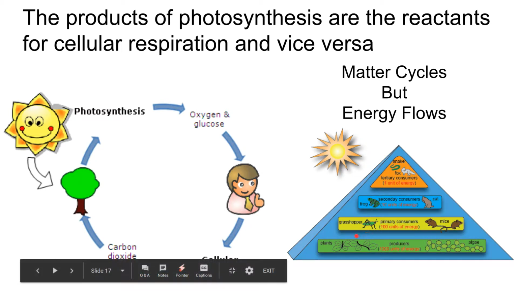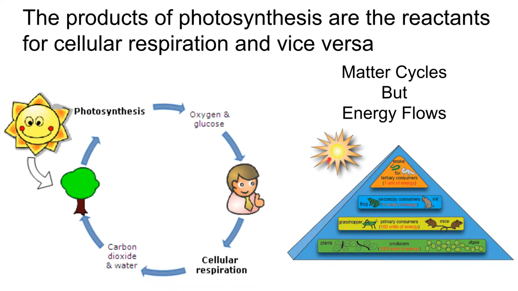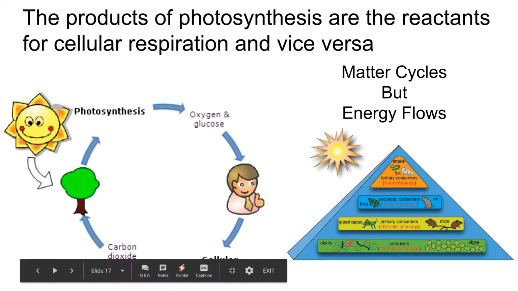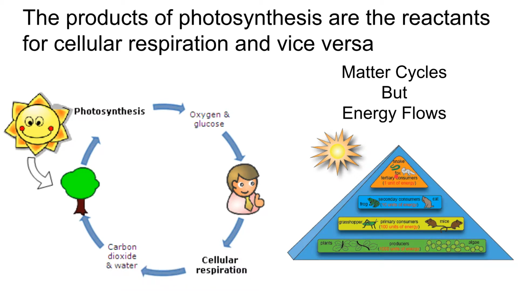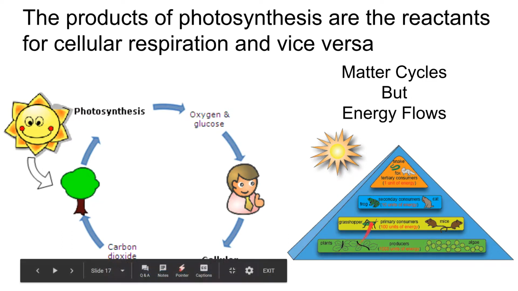It's simply changing forms and being released as heat at each level. So plants take the energy from the sun, and that energy flows through the system. We don't cycle the energy. It's not like the snake sends the energy back to the sun. It's flowing through the system.